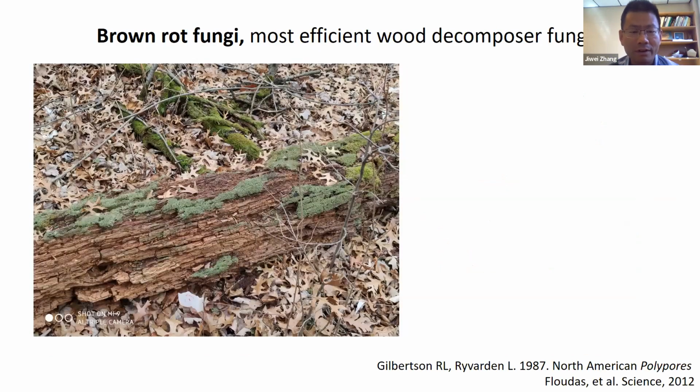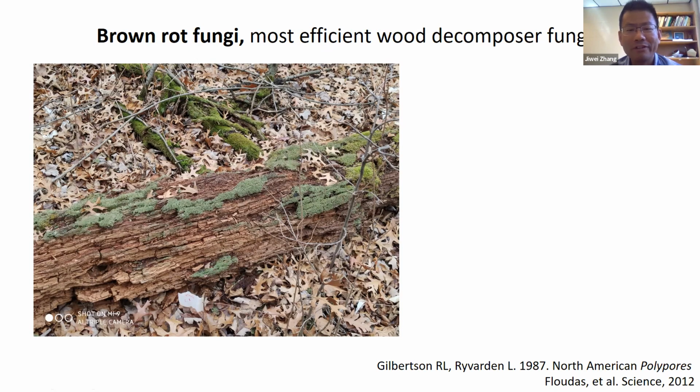So here's one of the images I took from Cedar Creek. And this is a brown rot, and you can see a clear cubical structure of the brown rot. If you take one piece from this cube and you squeeze it, you will feel the power of the brown rot. And in my words, brown rot fungi are probably the most efficient wood decomposers.